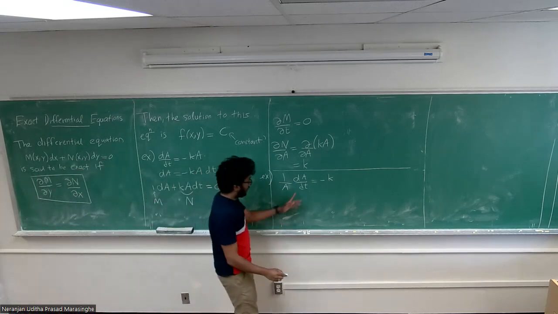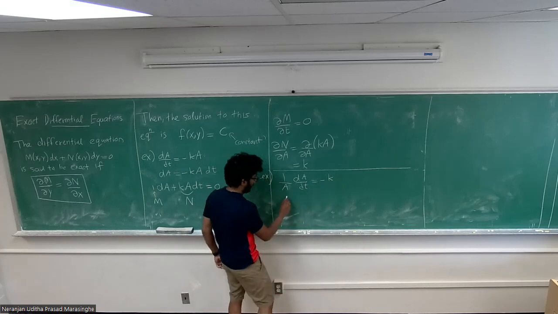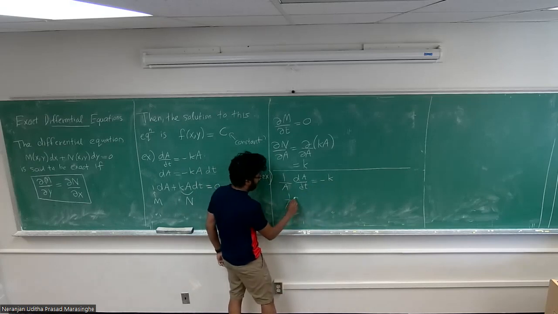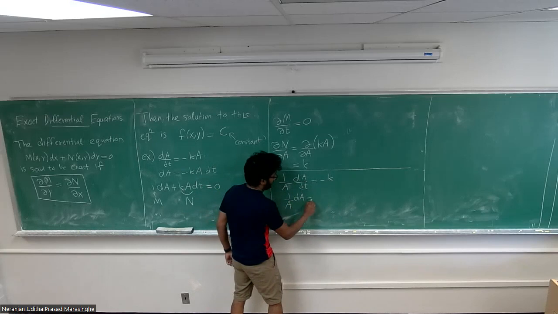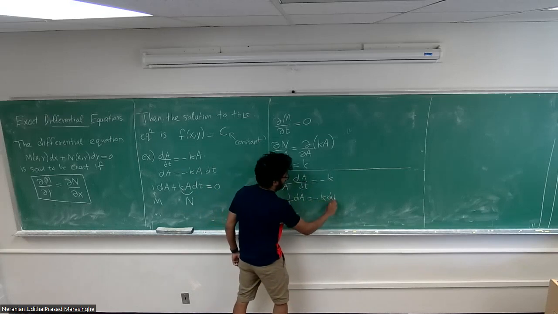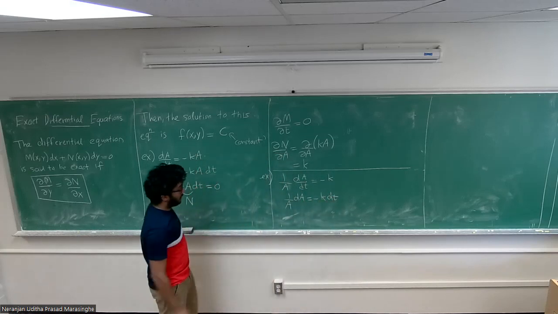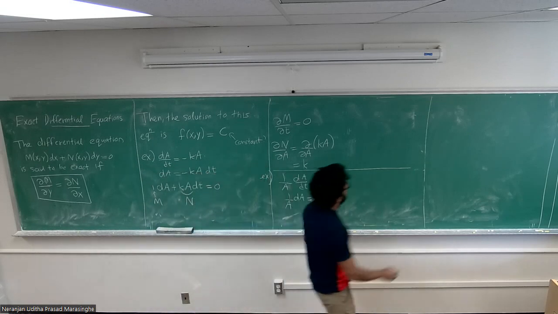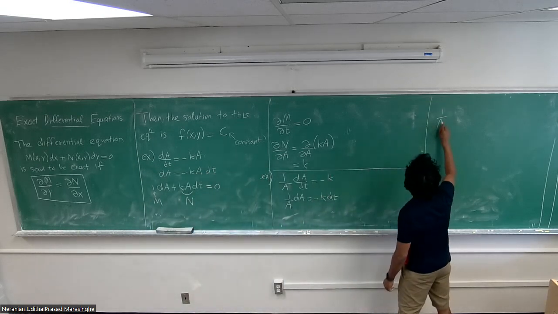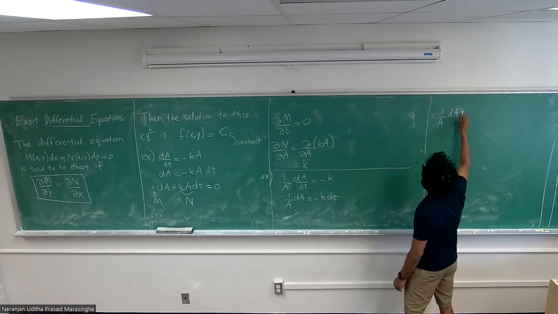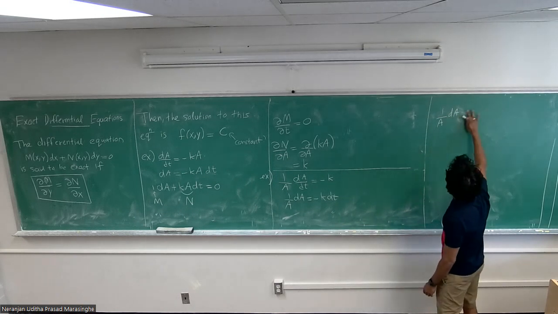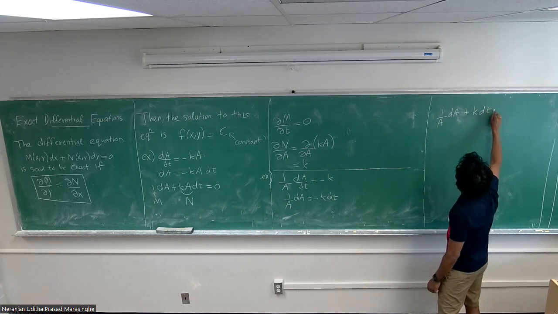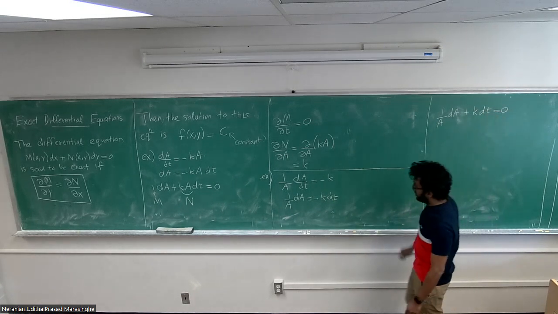Next I would take dt to the other side. So now I have 1 over A dA is equal to minus k dt. I have 1 over A dA plus k dt is equal to 0.